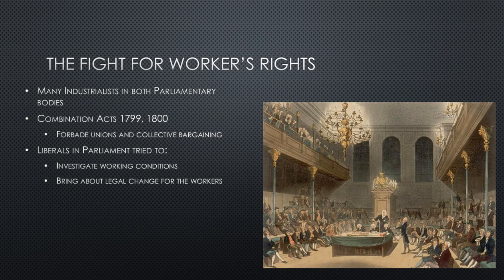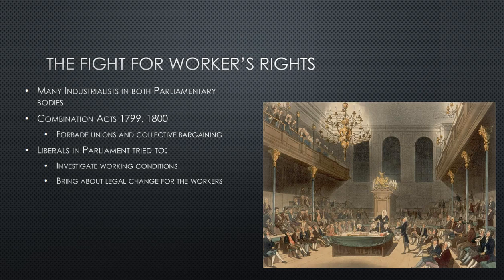Now, with many industrialists entering both houses of parliament, who do you think they cared for more? Themselves or the workers whose labor they've already been profiting from? Not surprisingly, it's themselves.